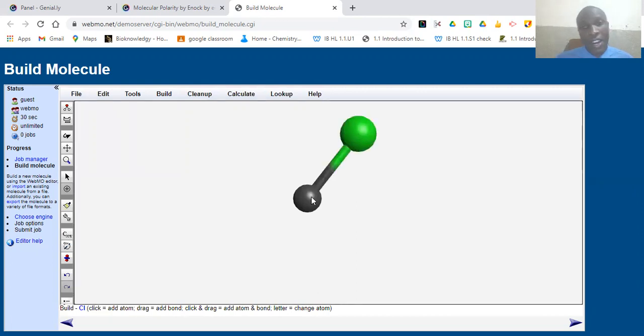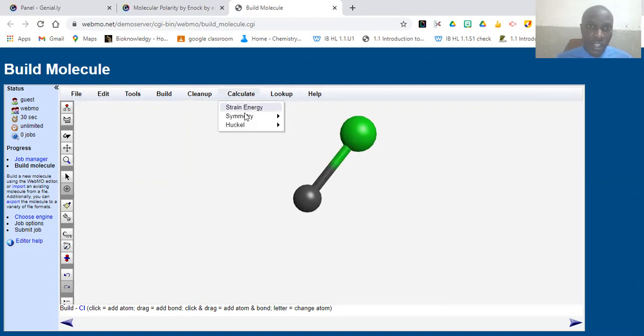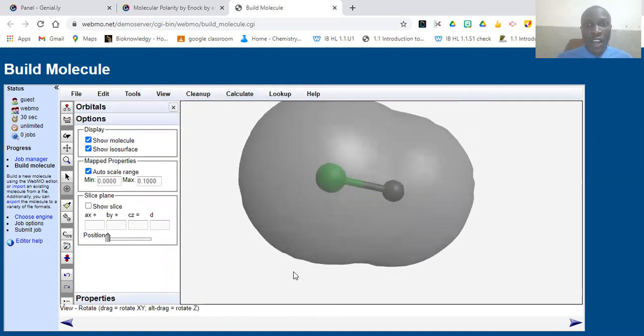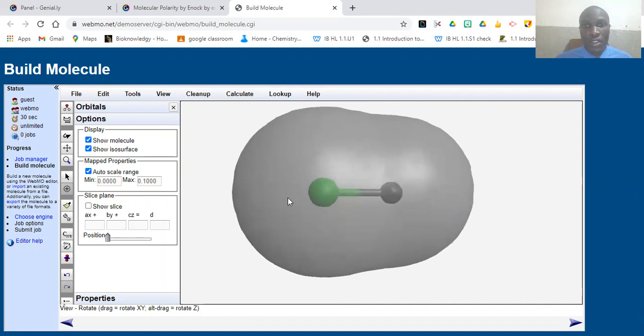So chlorine and carbon, that is a polar bond. Let's check the distribution of the electron density. You find that chlorine attracts more of these bonding electrons towards itself than carbon. So this bond is polar, right?